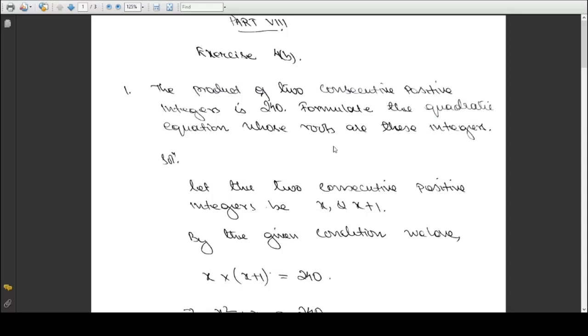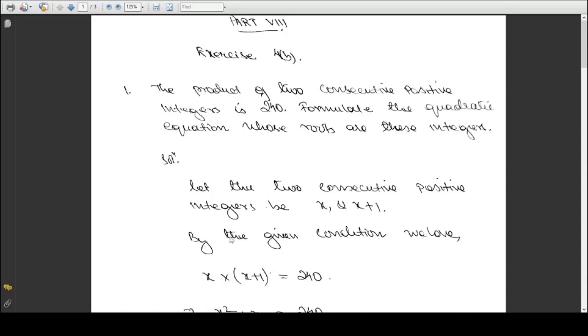If I take 10, the next number will be 10 plus 1, that is 11. If you take 4, the next number will be 4 plus 1, that is 5. The same thing here also, because these are unknown quantities, the first number we take as x, then the next number will be x plus 1.